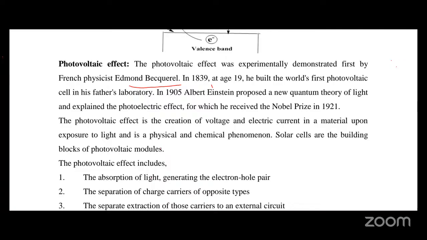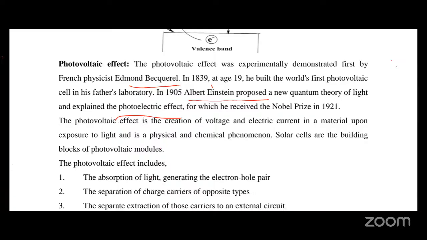What he observed, right? Previously, Albert Einstein proposed the quantum theory of light and explained the photoelectric effect. So according to Einstein, what does the photoelectric effect mean? Whenever light is incident on a metal surface, the metal already has electrons on the surface.